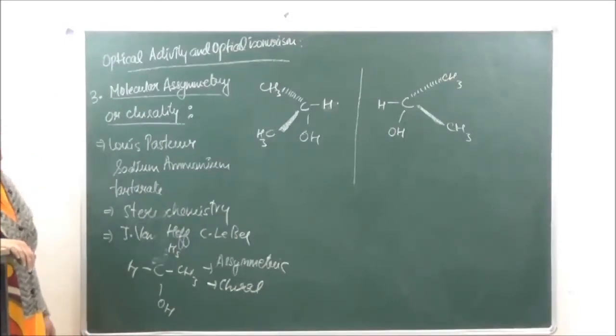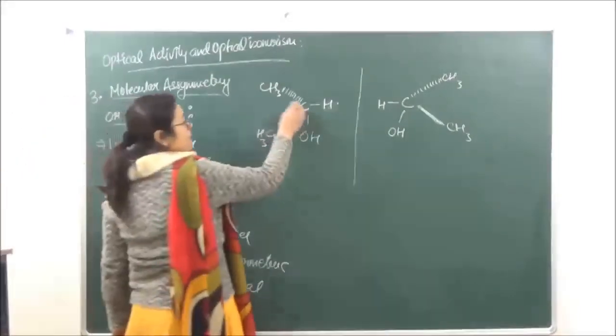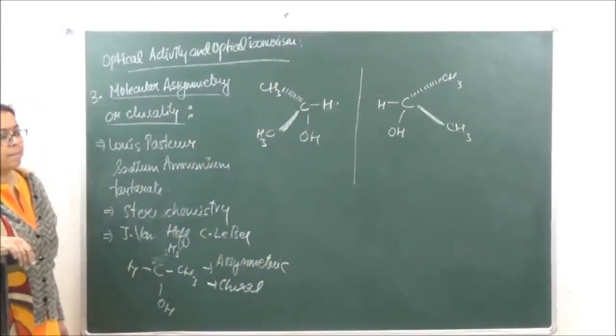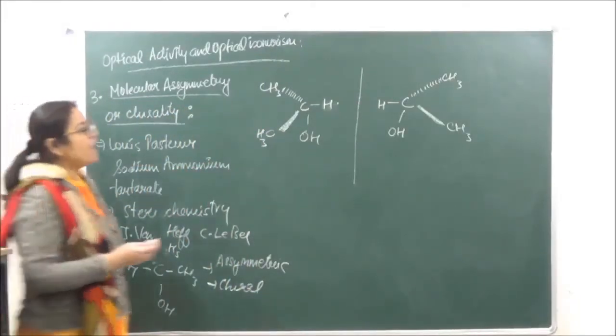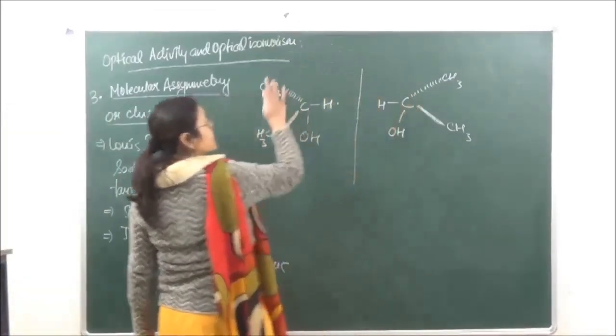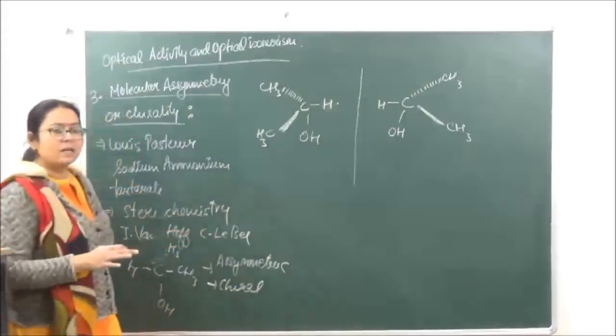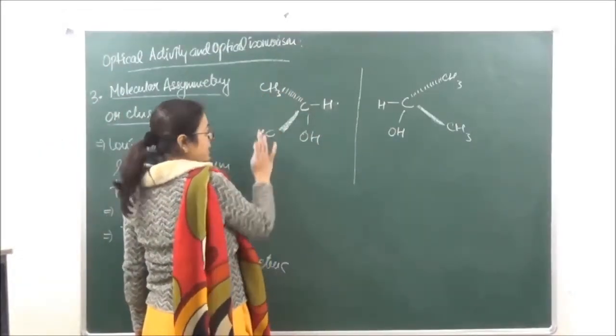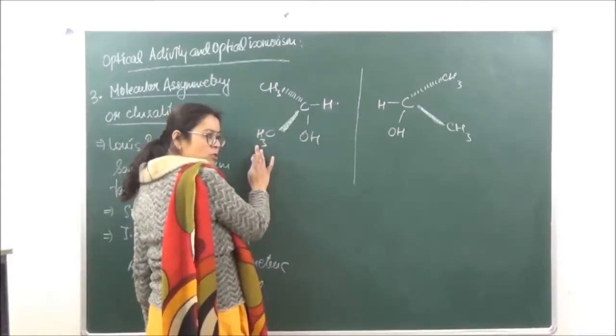Now you can see that over here, with this carbon there are two groups attached which are going to be same, right? So here when you are picking this up and you're rotating at 180 degree, what is going to happen? CH3 will be superimposed by CH3 and CH3 will be superimposed by CH3.